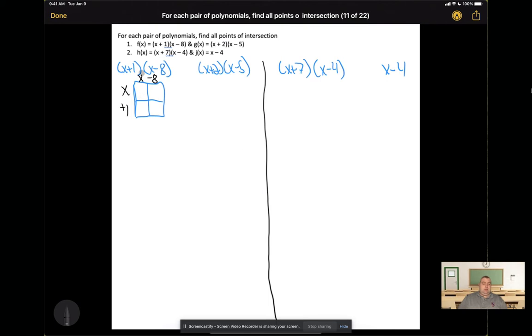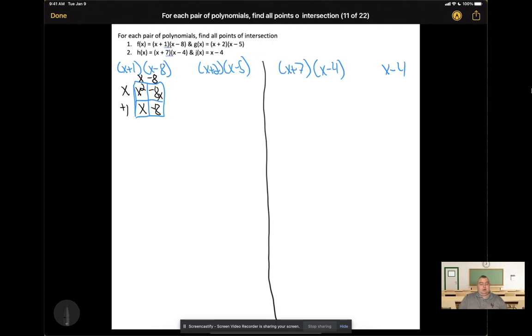So quickly, x times x is going to be x squared. Negative 8 times x is going to be negative 8x. 1 times x is going to be x. And 1 times negative 8 is going to be negative 8.